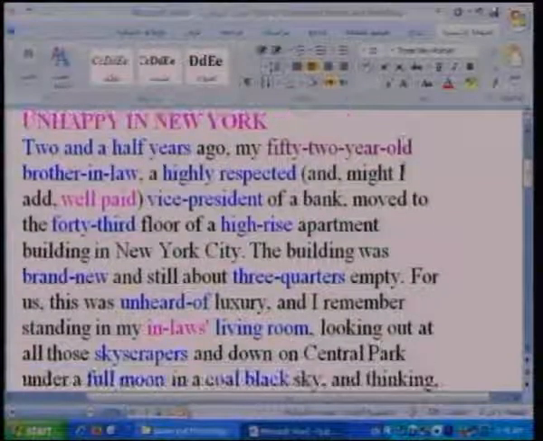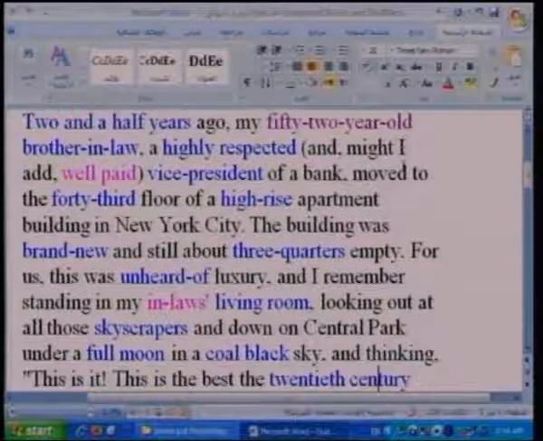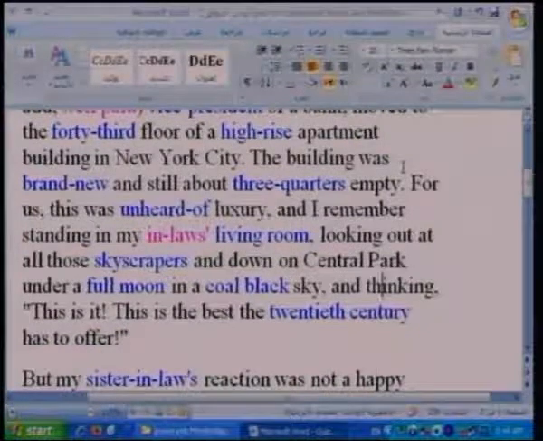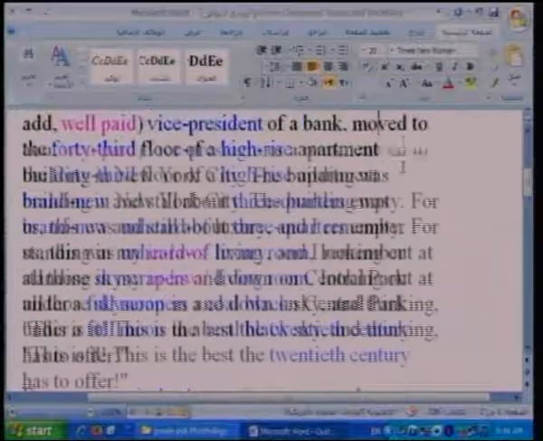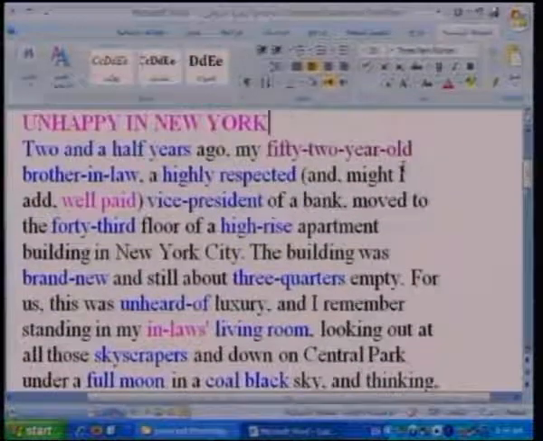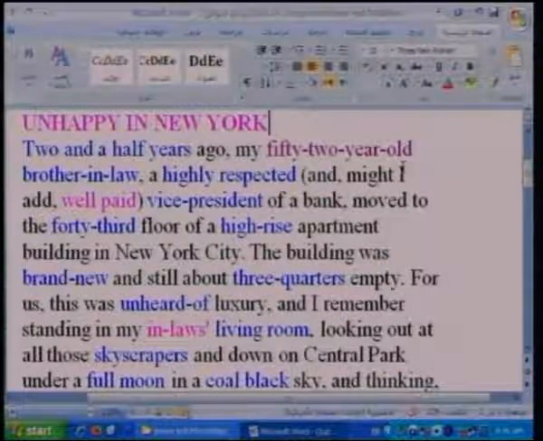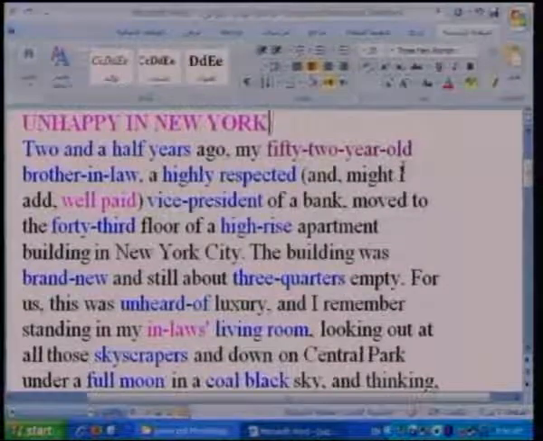So you can follow this page, this passage, and see the red color words and the blue color words. All of them are compounds. All of them are compounds. So try to check why these are hyphenated or spaced. Okay? This is what we need.